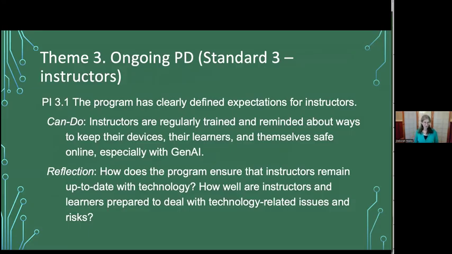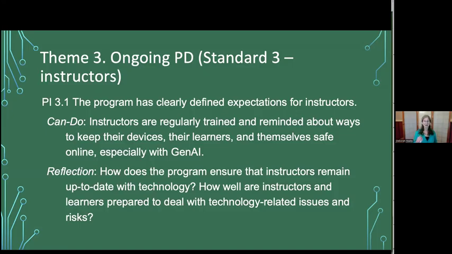Of course, your program will have expectations for instructors, but you're trained and reminded about ways to stay safe, especially with Gen AI. So it's not just AI, it's also spam and phishing and the other risks that can happen.